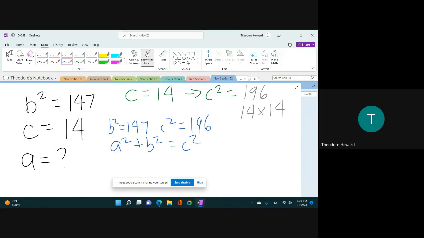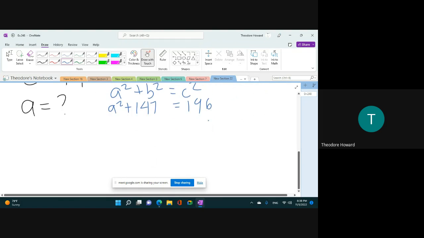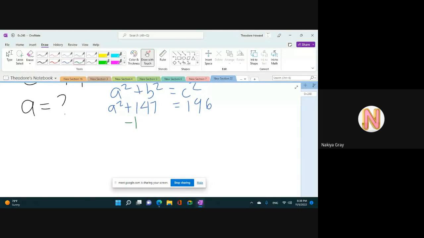Yep. Do we know what A is? Not yet. Well, we know B squared is 147 and C squared is 196. I think Jason said the answer earlier, but we're going to get to it. So let's go ahead and subtract 147 from both sides, right? Yeah, 49 from the 196.